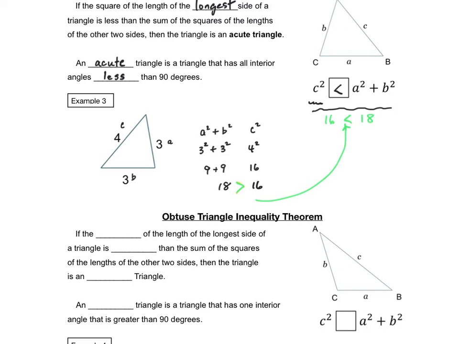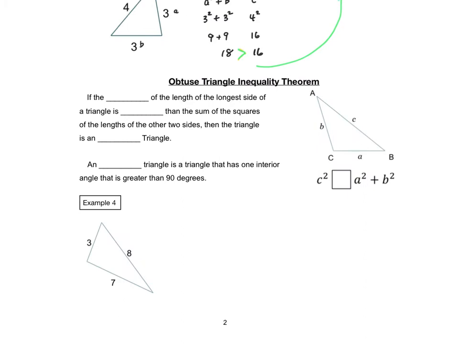And if we have an obtuse triangle, that will place it into a little bit different category. So if the square of the length of the longest side of the triangle is going to be greater than the sum of the squares of the lengths of the other two sides, then we're going to go with an obtuse triangle.